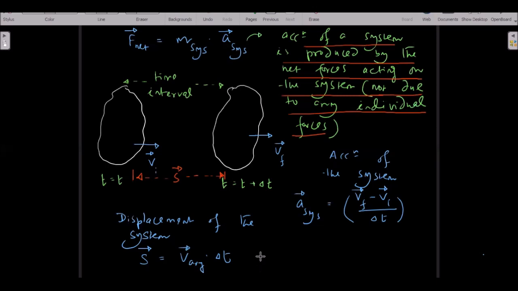So what is the average velocity? Average velocity is Vi vector plus Vf vector by 2, into delta t. Is it clear up to this for everyone?